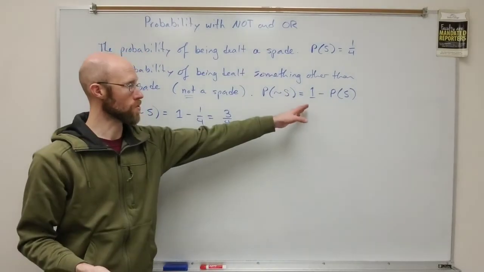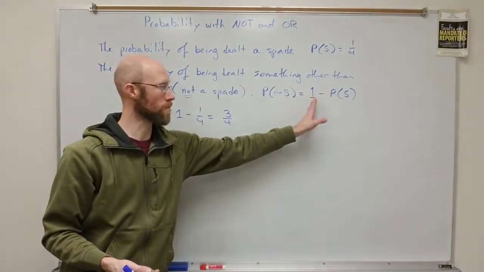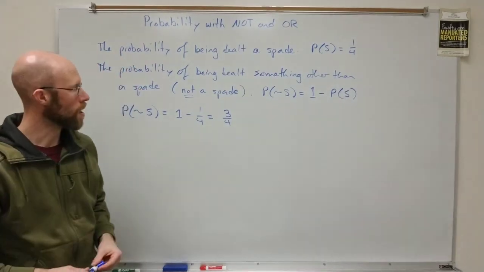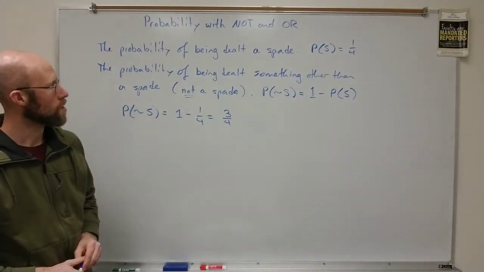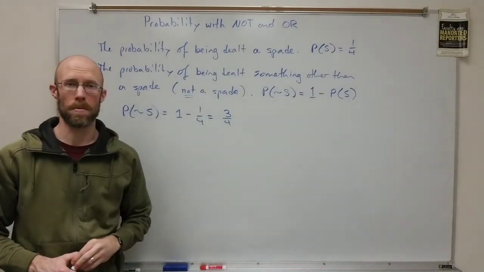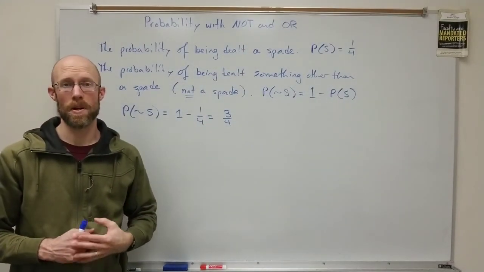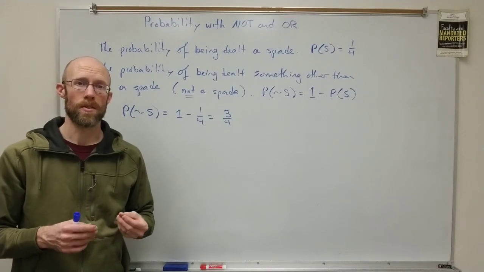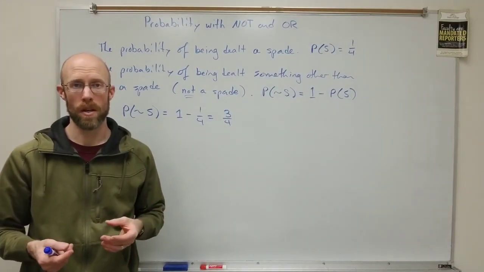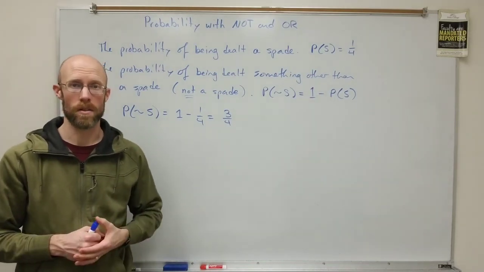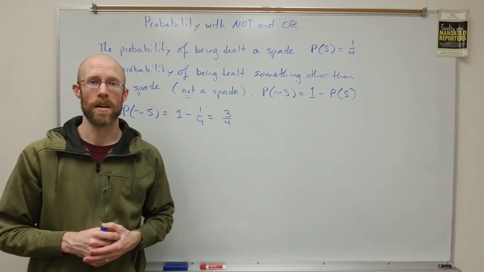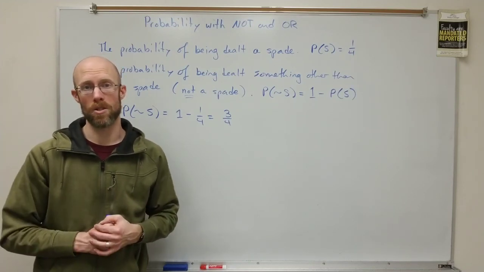And so that's why if you take this particular one off of 1, you get the probability of everything else. So that gives you an idea with the not how to find the probability, just a shortcut, especially if you don't know all of the other probabilities. If you only know the one probability, then you can find it very quickly. Otherwise, you have to know all the other probabilities, and that gets more complicated when you have multiple other probabilities to try to add together.